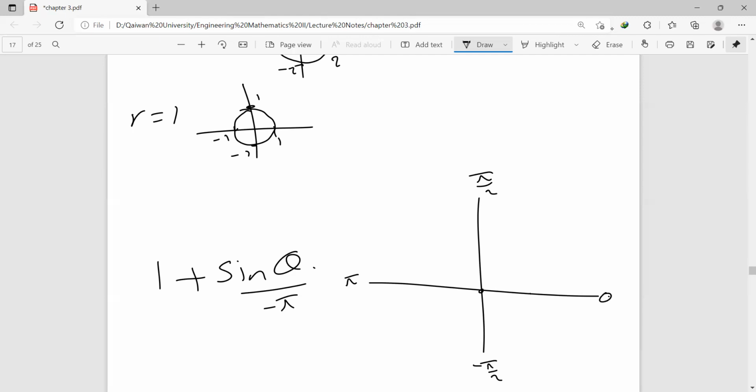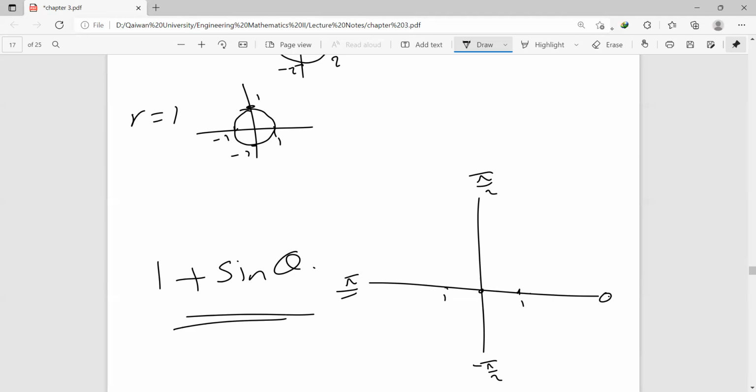At minus pi over 2, it is 0. At 0, the value of this function is 1. At pi, it's still 1 because sine pi is 0. So it's 1.